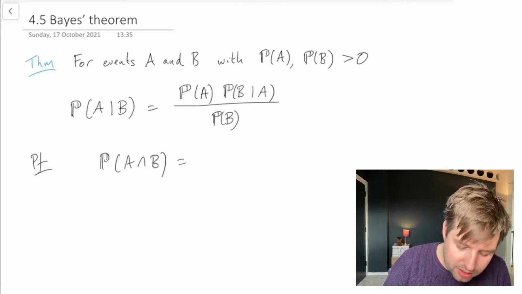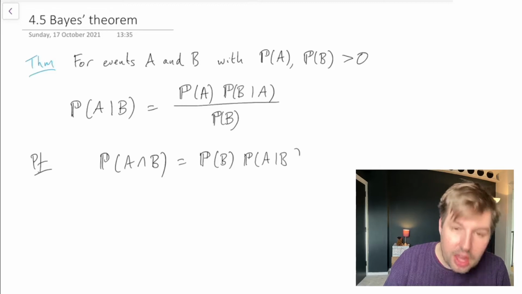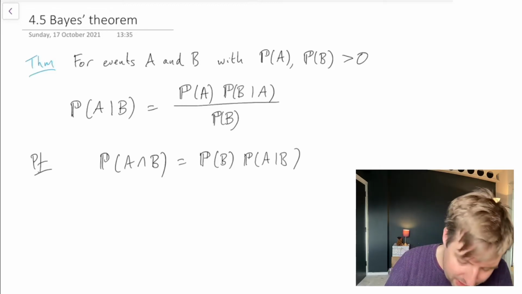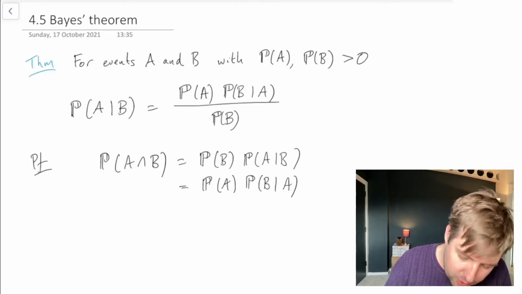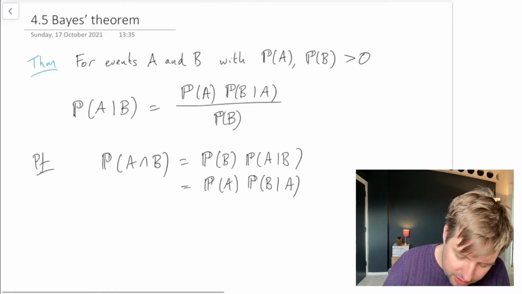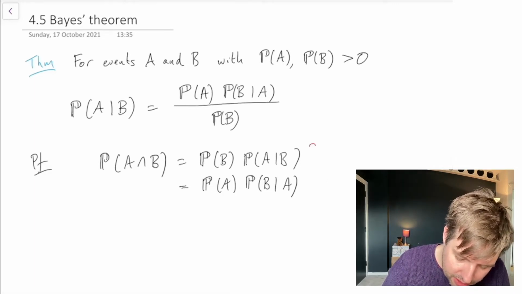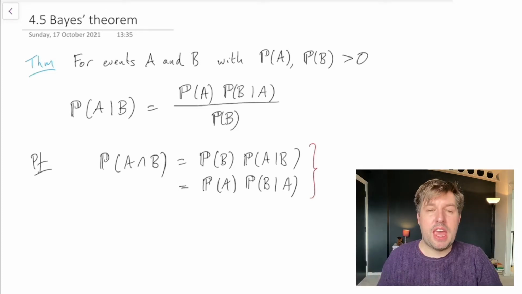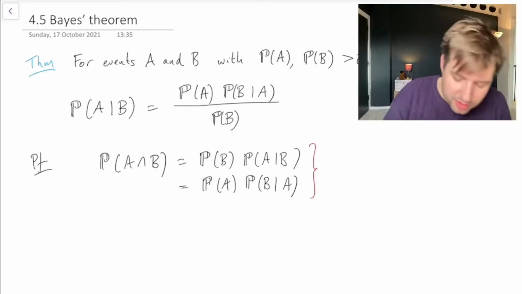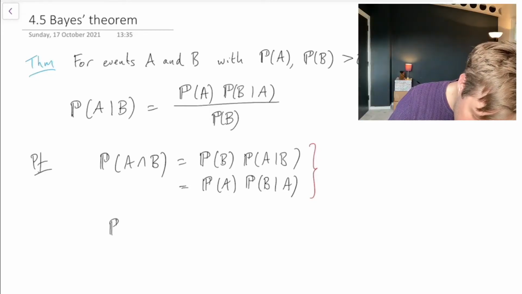One way is we can condition on B, to write it as probability of B times probability of A given B. And the other way we can do it is we can condition on A to get probability of A times probability of B given A. So those are two different ways of writing the same thing, where that same thing is the probability of A and B. And so because we've written probability of A and B in two different ways, those two things must be equal, right?